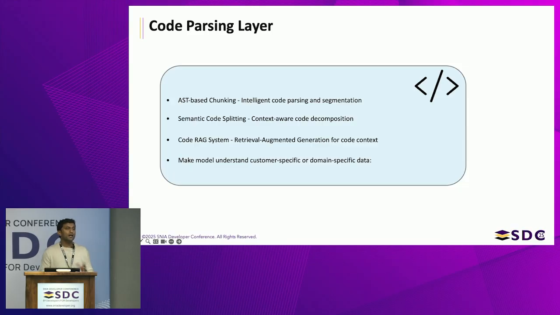There are two main approaches you could use to make the model understand the customer-specific data or the domain-specific data. One approach is fine-tuning. Fine-tuning a model with a new set of data so that the model memorizes and understands what the question is all about.